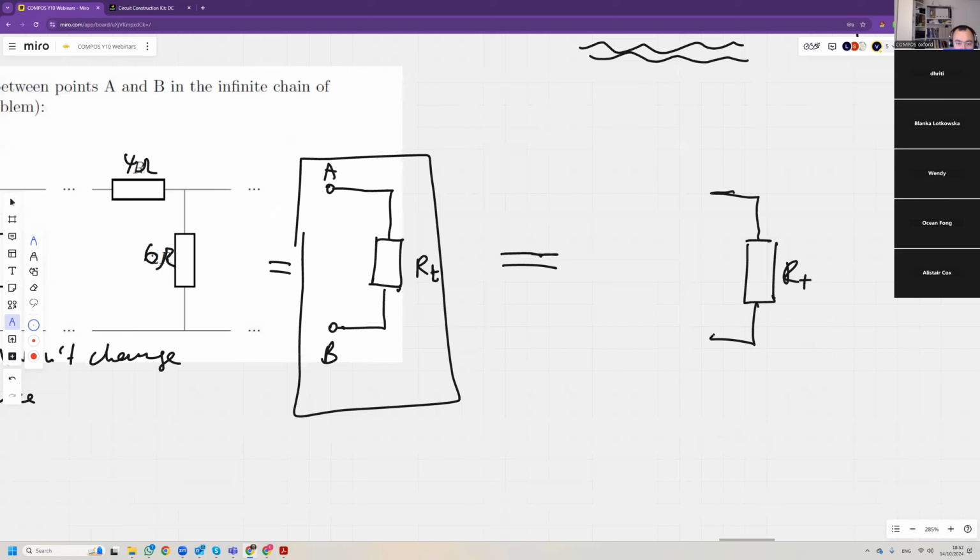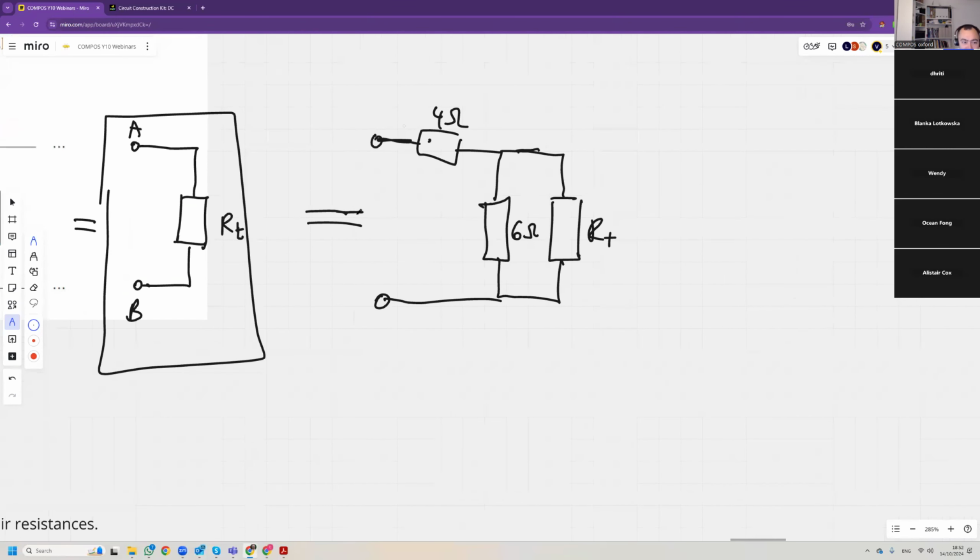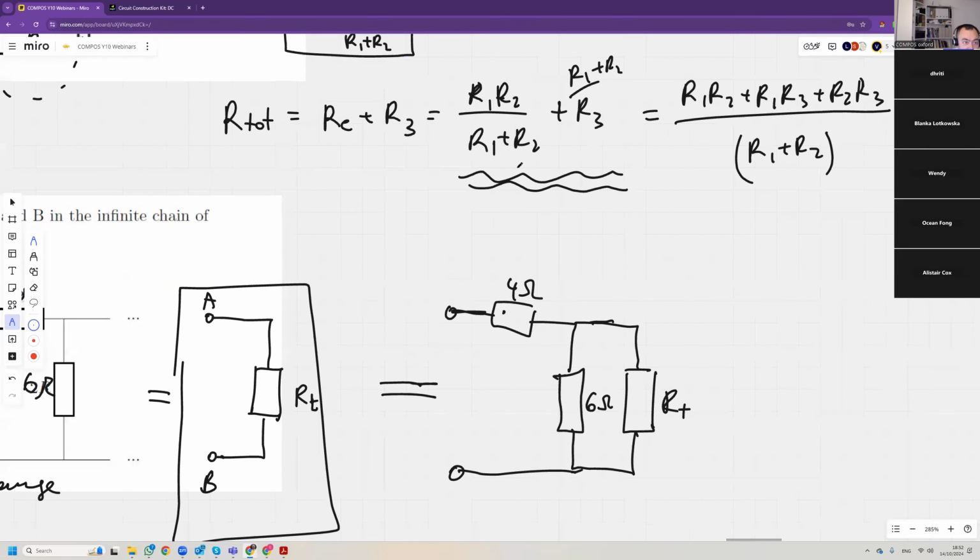RT, 6 ohm, 4 ohm, 4 ohm. So let's find the total resistance of this using the stuff we did before.